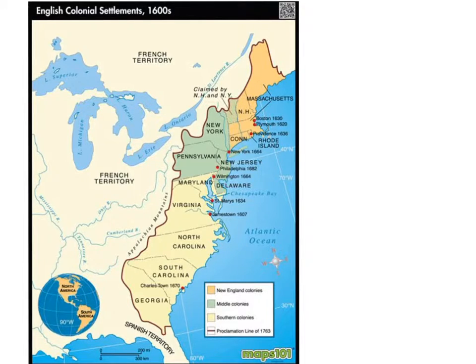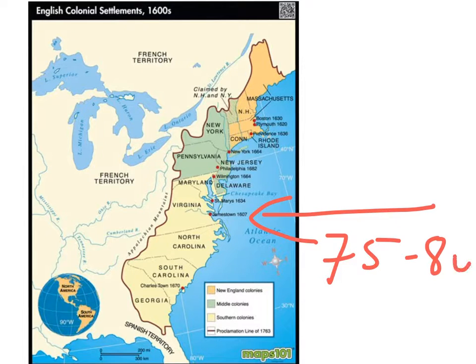Now, I'm about to make some major generalizations, so certainly this would not apply to everybody that went to New England or Virginia or Pennsylvania or any of the colonies, but as a generalization, the early colonists who came to Virginia tended to be single males looking for economic opportunity, and they came as indentured servants. In fact, 75 to 80% of early colonists to the Virginia area were indentured servants.